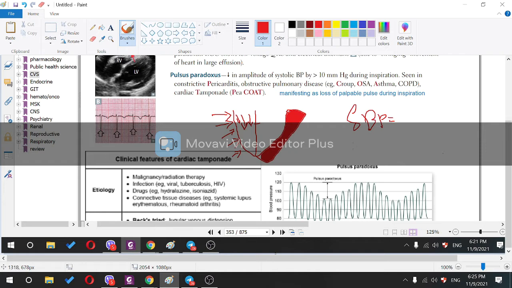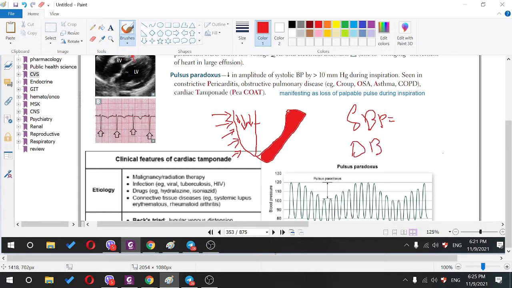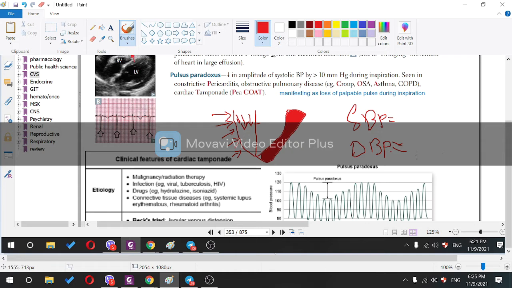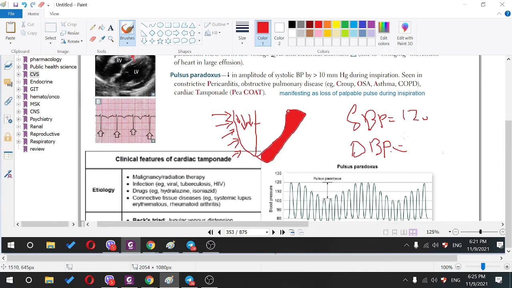The diastolic blood pressure, on the other hand, is controlled by what? The vessels, especially the arteriole. Remember the precapillary sphincter I kept annoying you with. So the systolic blood pressure is normally 120. Diastolic blood pressure inside of the aorta is around 80.